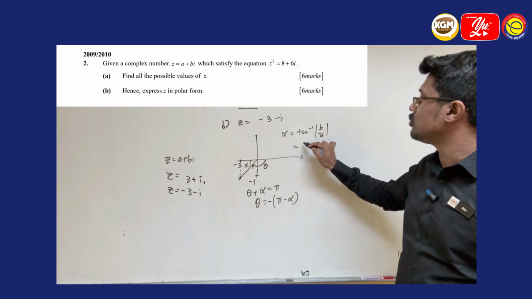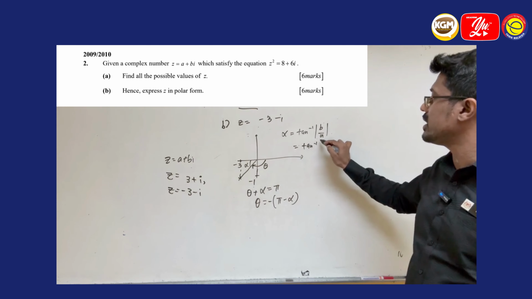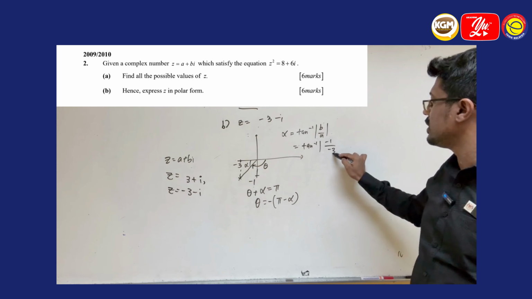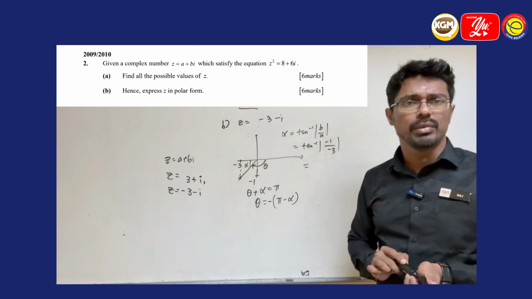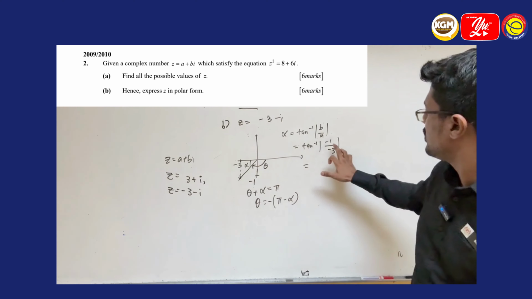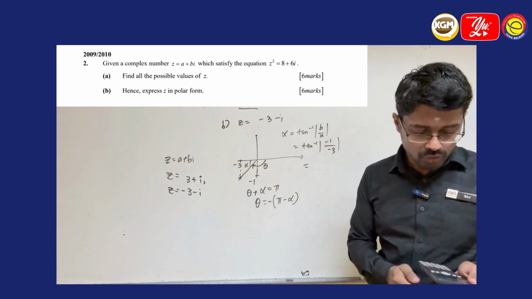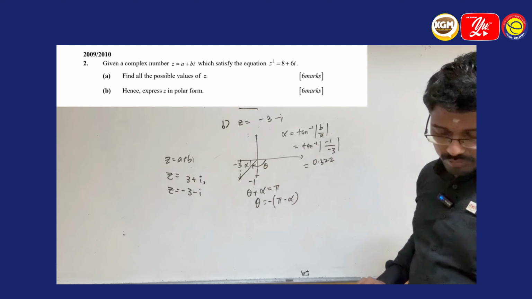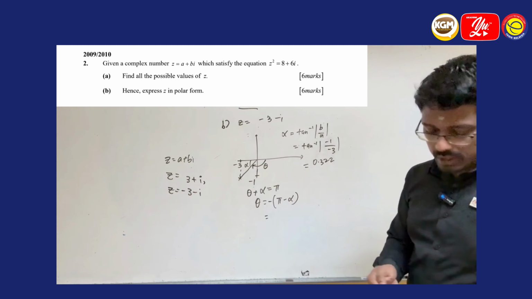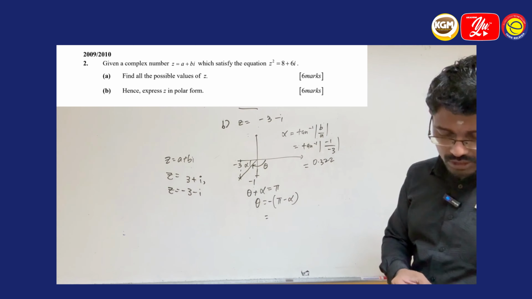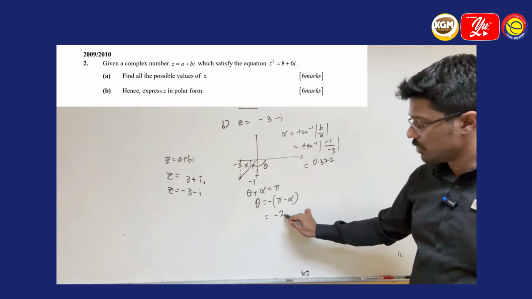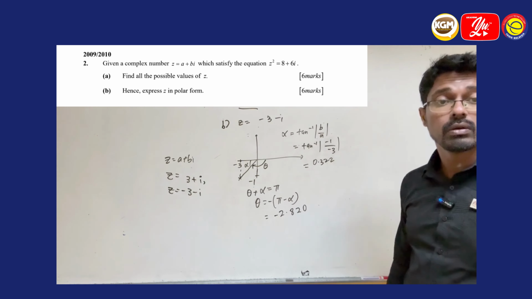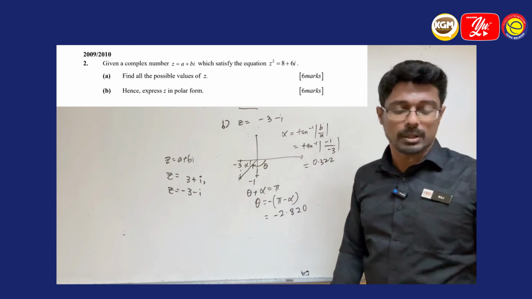Please be very careful, it is negative 1 over negative 3. We're going to get a similar value, 1 over 3, so it's going to be 0.322. Now you put it in, and that is going to be negative 2.820. That's pretty straightforward, isn't it?